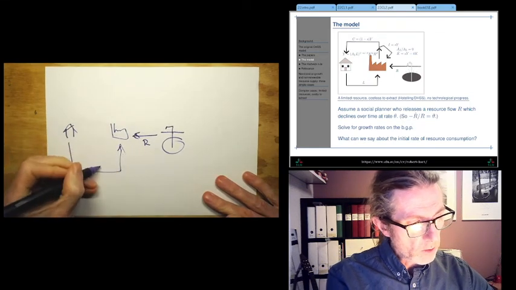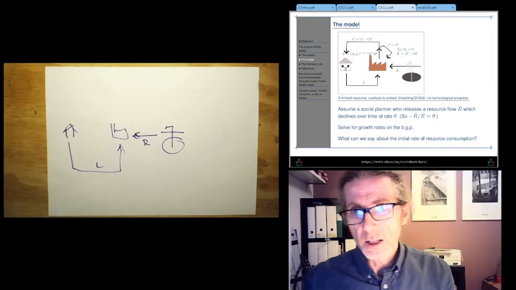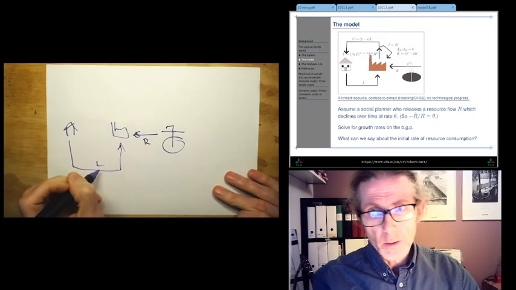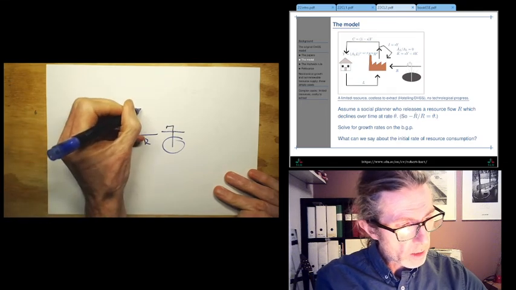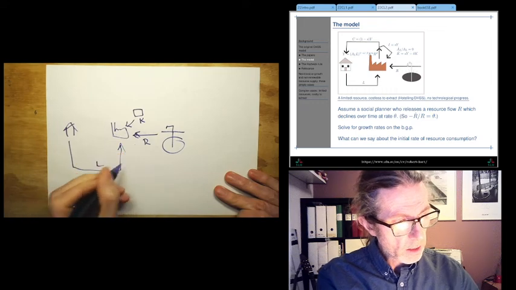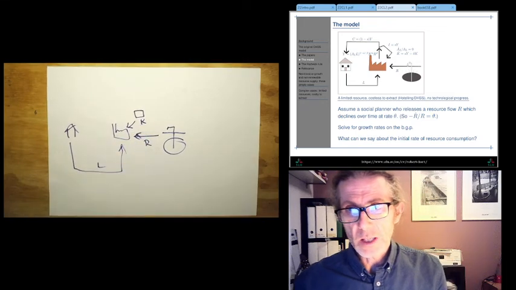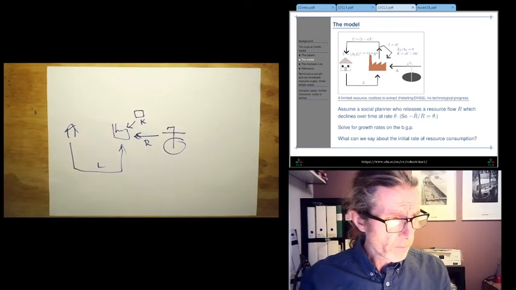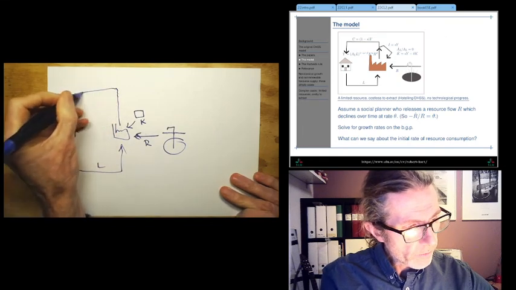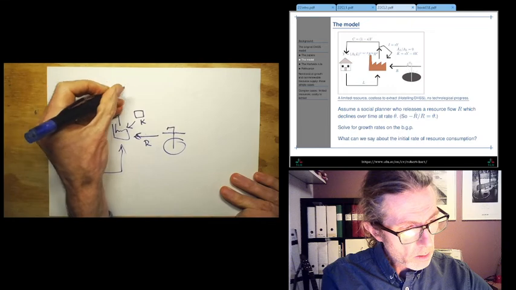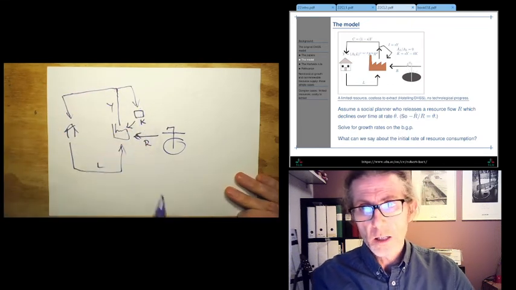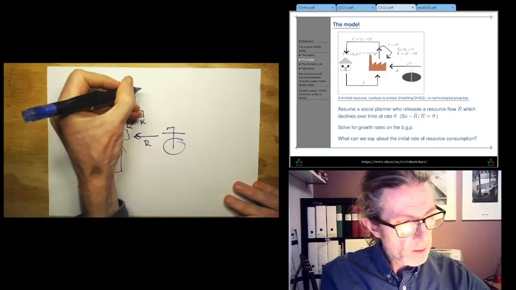We've got exogenous labor supply, L, and production is going to be a function of L, R, and K, which is the capital stock. And K depends on how much of our production Y we reinvest.